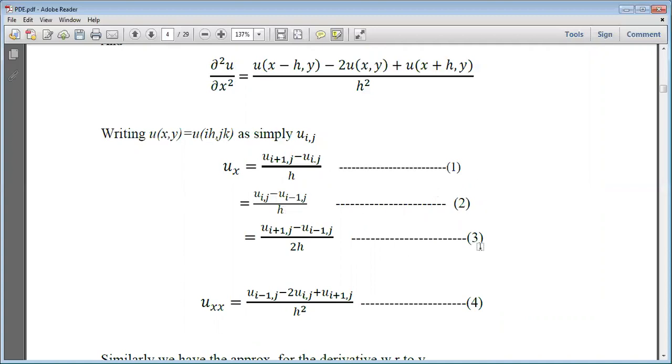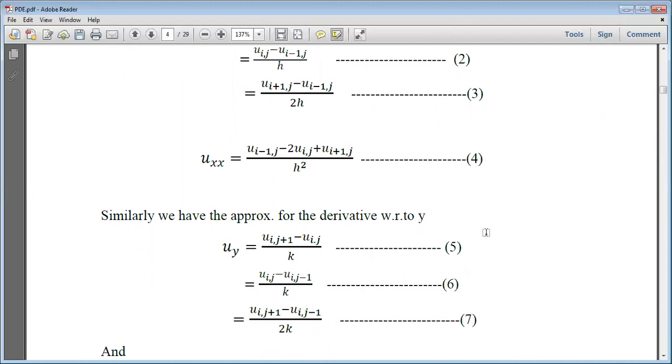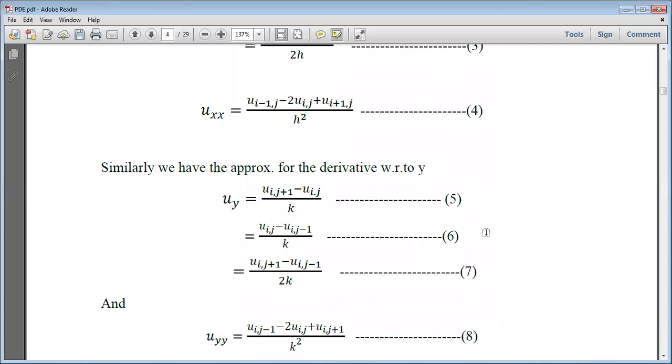Likewise, we have equation number 3 used to replace u_x, or ∂u/∂x. We can have a relation for ∂²u/∂x², that is u_xx: u(i-1, j) minus twice u(i, j) plus u(i+1, j), divided by h², is equation number 4. Similarly, we can have the replacement for the partial derivative with respect to y.